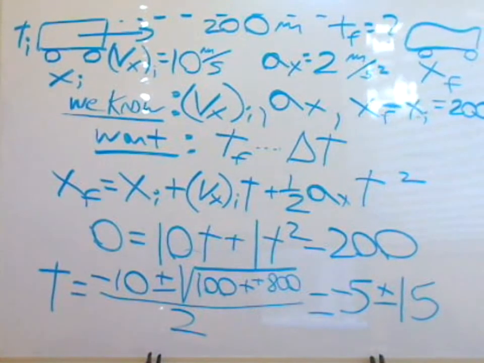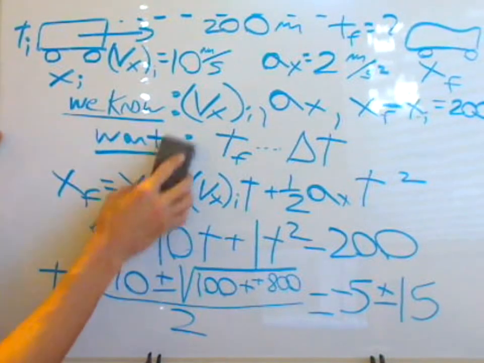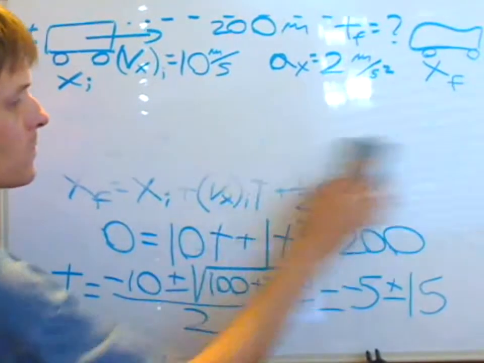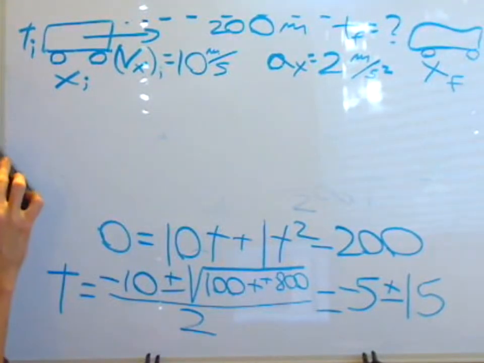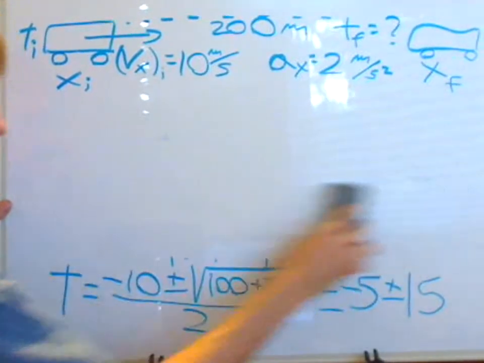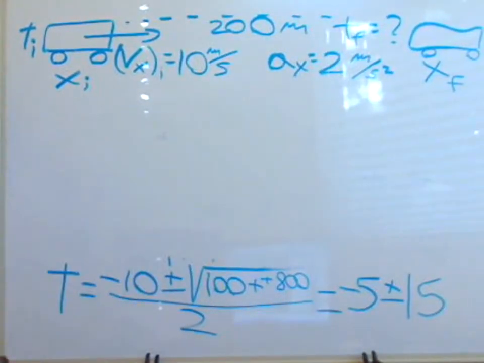Let's go ahead and erase this other stuff up here, just so we create some space. So the time is negative 5 plus or minus 15.